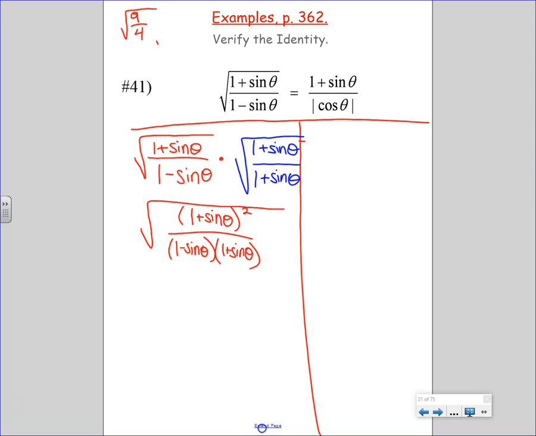It would be 3 over 2, which would be the same thing as square root of 9 over square root of 4, right? If it's one big one, I'm allowed to split it up and take the square root of the top, square root of the bottom, because this whole thing had to be squared to get to 9/4. Same thing here. I'm going to split up the square root of the top and the square root of the bottom.